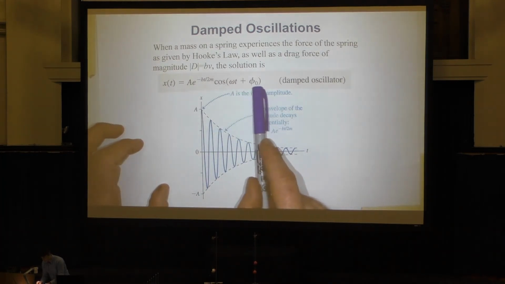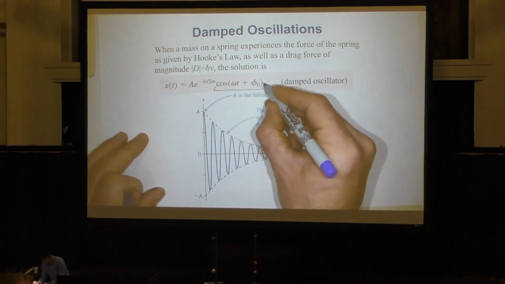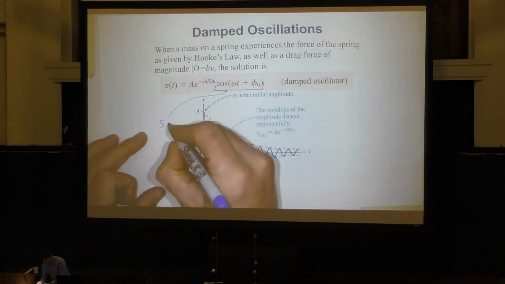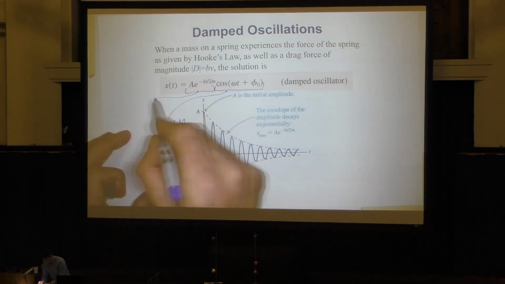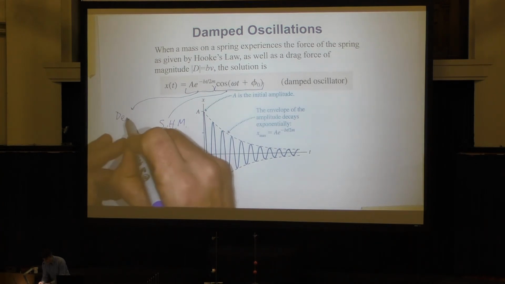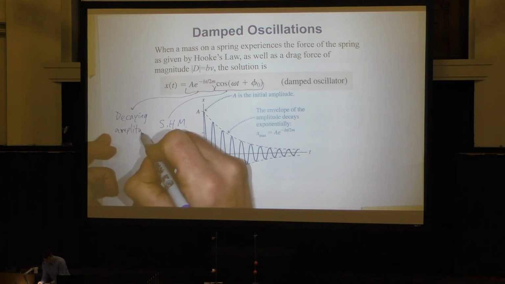So this is your old simple harmonic motion, this part. But then you multiply it times what's called a decaying amplitude. Sometimes I call this the envelope function.